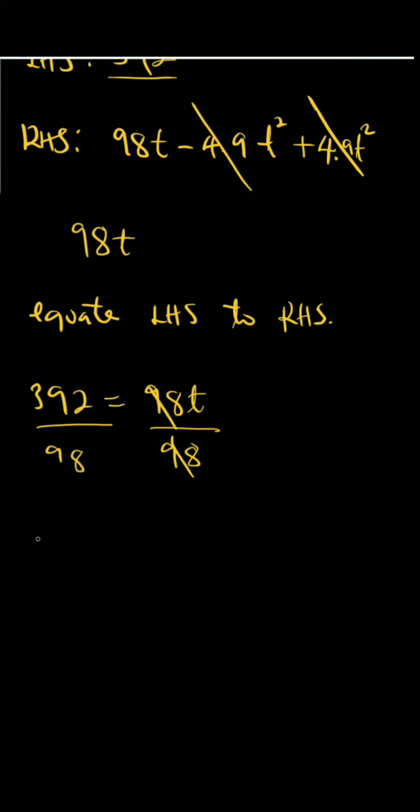Divide both sides by 98 to solve for t. This gives us t equal to 4 seconds. When they meet, the answer is 4 seconds. So they are meeting at 4 seconds.